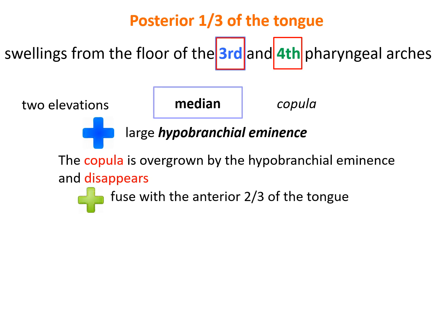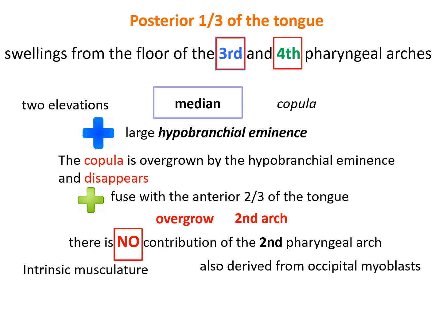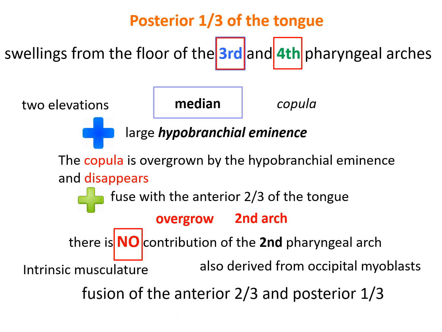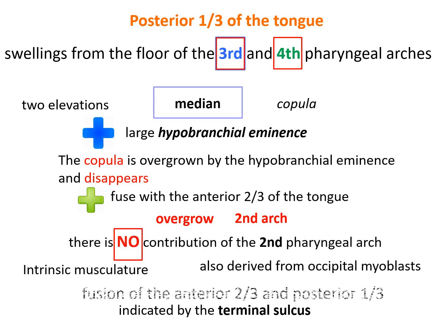They fuse with the anterior two-thirds of the tongue and overgrow the second arch. There is no contribution of the second pharyngeal arch. Intrinsic muscles also derive from occipital myoblasts, at the fusion of the anterior two-thirds and posterior one-third.